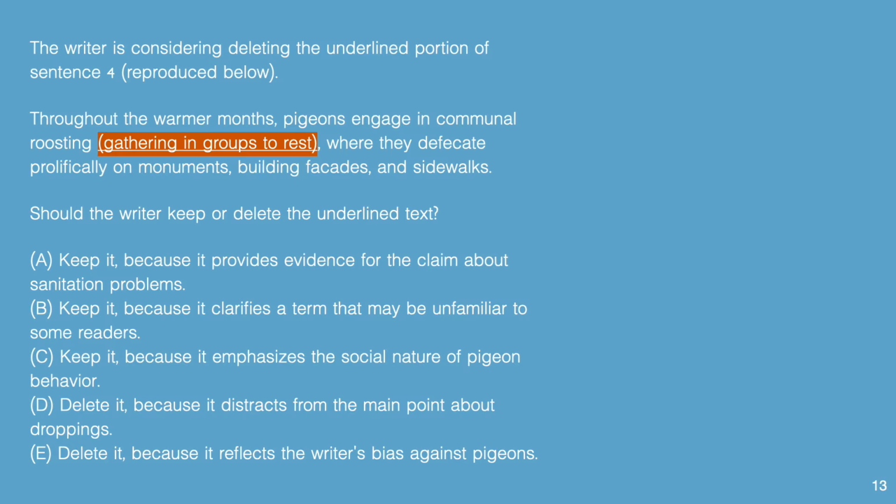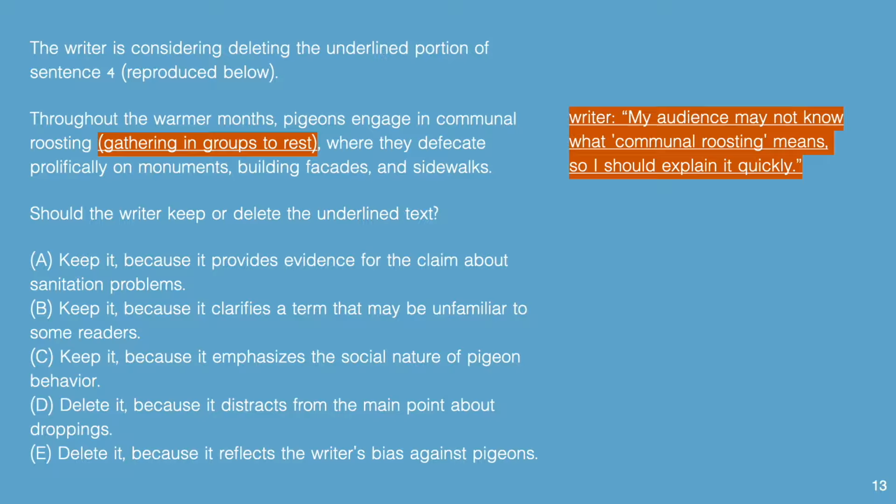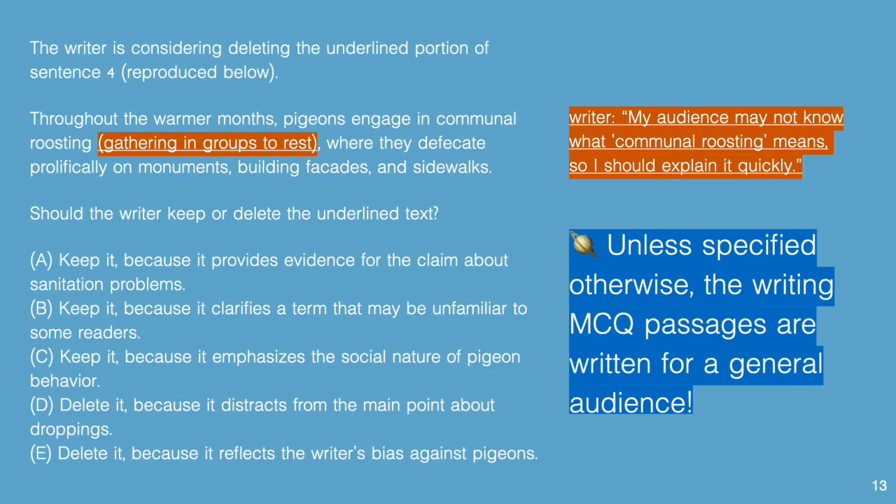Okay, let's work through this together. First, what is the underlined portion doing? It's giving us a definition of communal roosting in parentheses. The writer is essentially saying, my audience may not know what communal roosting means, so I should explain it quickly. Now, here's something important about the AP Lang exam.